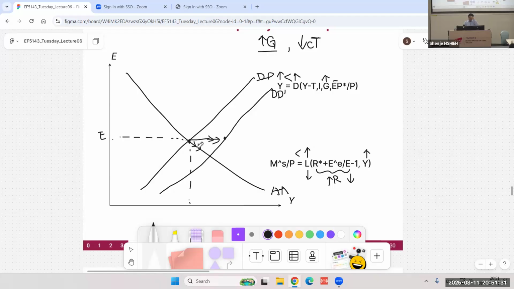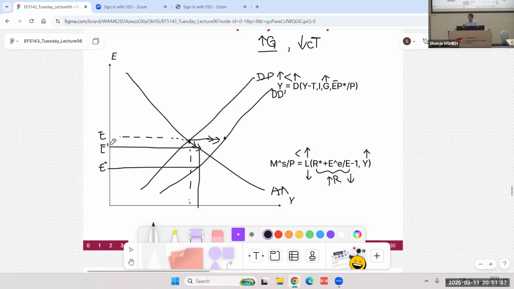But this point here, this E, this output level, is not happy, right? It's not happy in the real economy because it wants this E on the DD schedule. So this E prime will always be higher than this E double prime on the DD schedule, right?